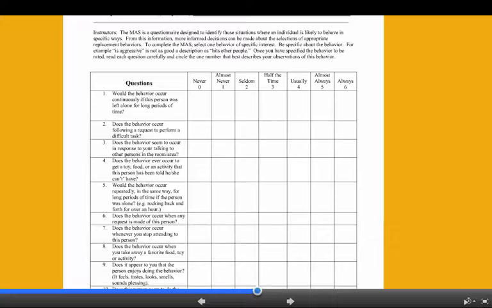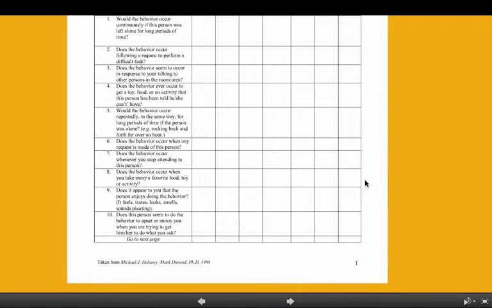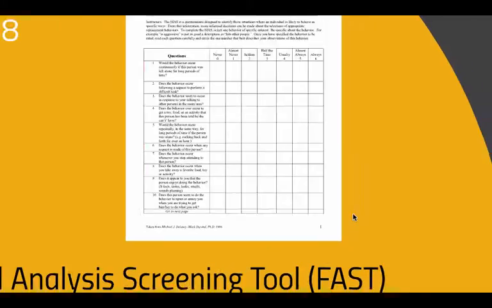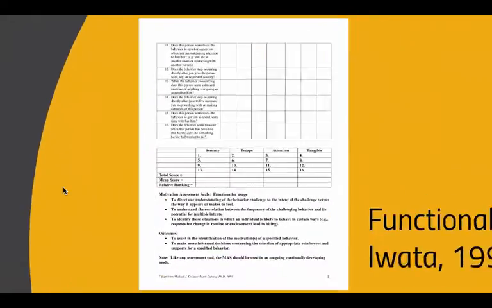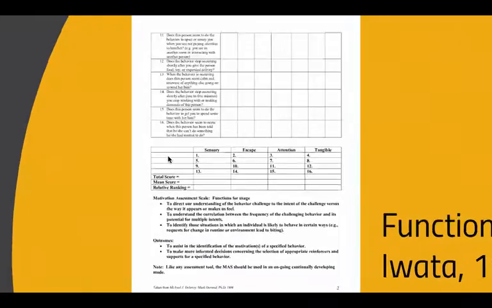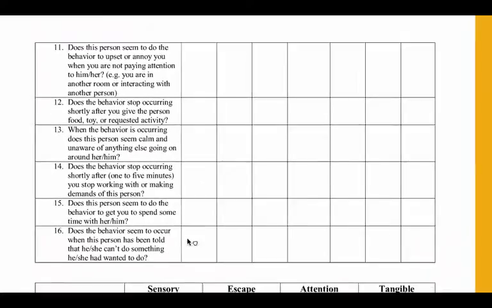So as a result of going through this entire Motivation Assessment Scale, and answering all 16 questions, we will get a really good sense of what function the behavior may be serving.